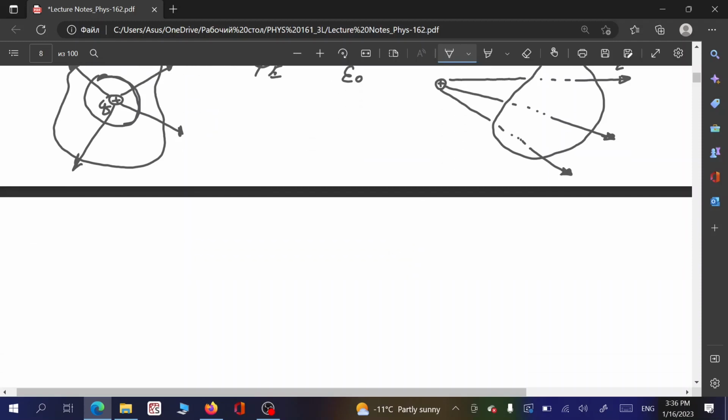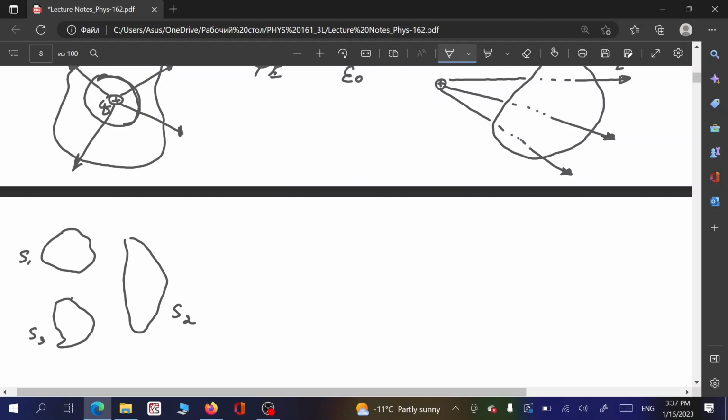So now let us consider a simple example when we have 3 surfaces. Surface 1, or maybe let's mark it as 1. Then it will be some surface 2, and here will be some surface 3.